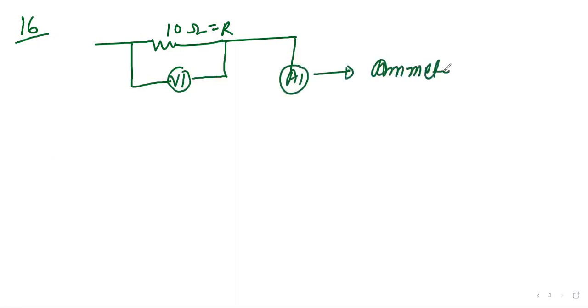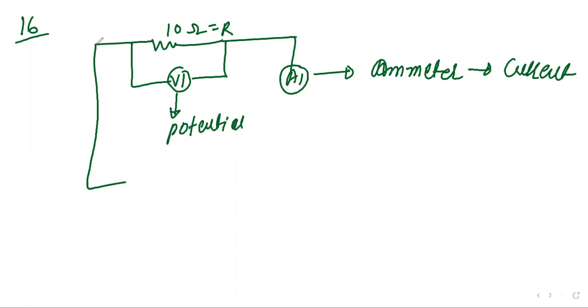The ammeter measures the current. V is your potential, so they are connected with a potential difference of 10 volt. See for the first one, the galvanometer resistance for an ideal ammeter is 0, while for an ideal voltmeter it is infinite.